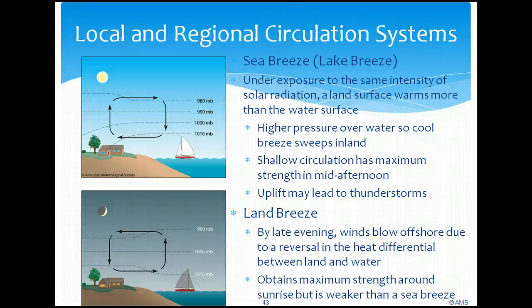In the next few slides, we open our discussion of mesoscale and microscale systems with sea and lake breezes, mountain and valley breezes, Chinook winds, and Santa Ana winds, as well as katabatic winds and desert winds.